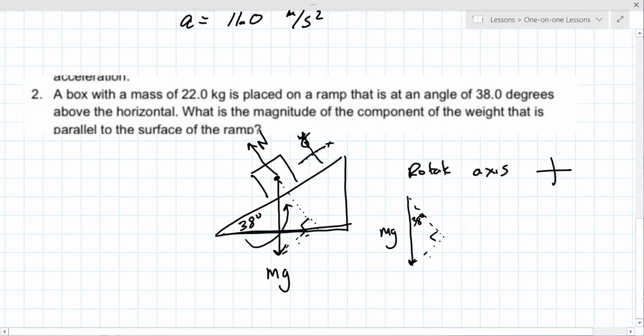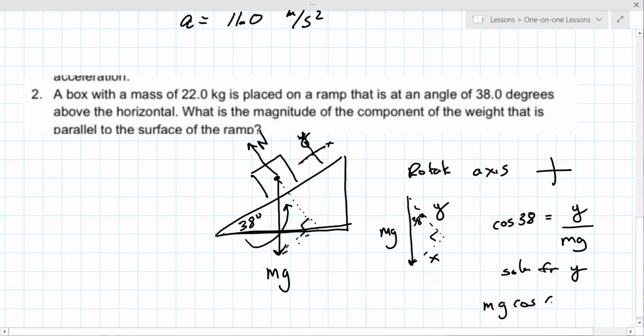If you want to find the x component and the y component here, you have to use some trigonometry. The cosine of 38 degrees equals the adjacent, which is y, over the hypotenuse, which is mg. So if you solve for y, you get y equals mg cosine 38.